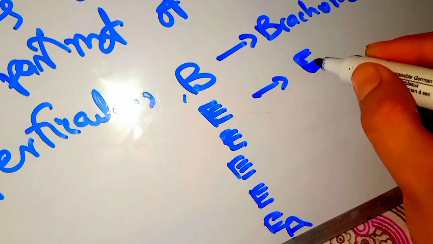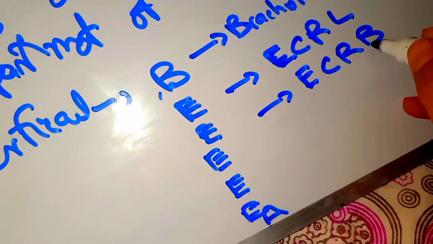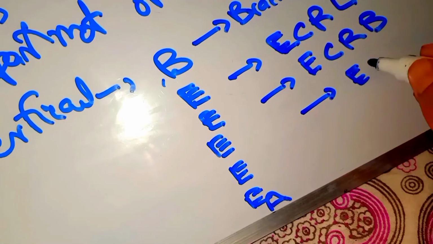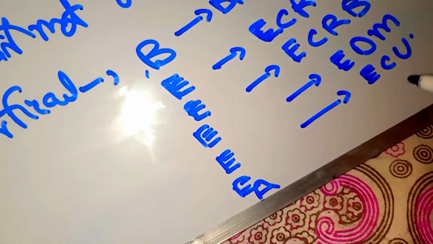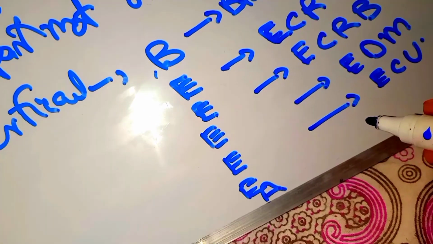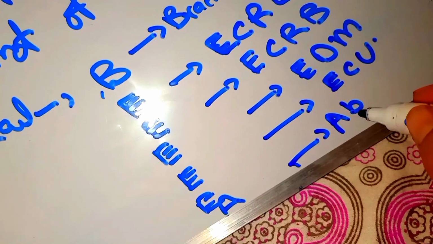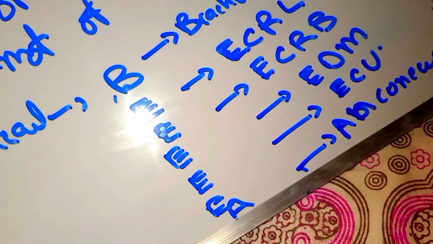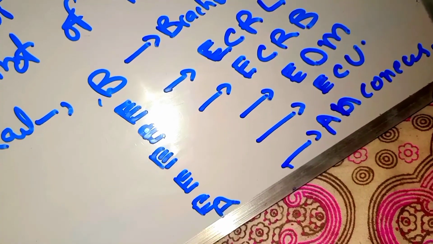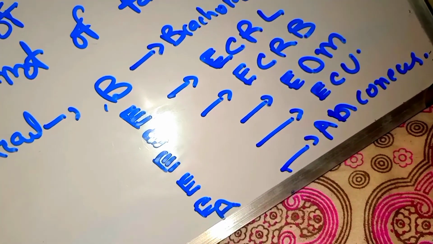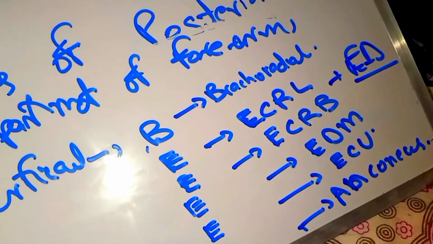Then E is for the extensor carpi radialis longus, extensor carpi radialis brevis, extensor digiti minimi, extensor carpi ulnaris. Then A is for the anconeus. It's a small muscle. One E is left. That E is for the extensor digitorum.